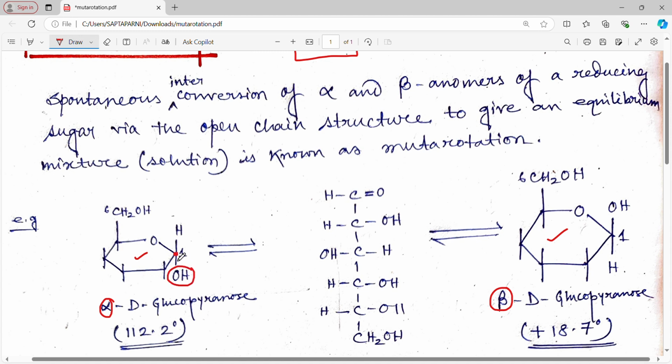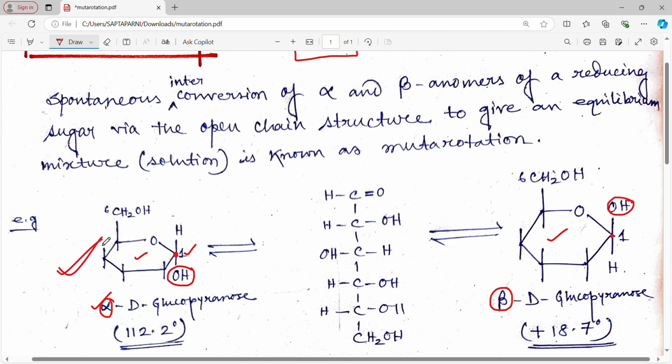In case of glucose, the anomeric carbon is C1, the first carbon, and if the OH group is situated below the plane of this anomeric carbon, we call it alpha anomer. In case of beta anomer, you can easily see that the OH group is situated above the anomeric carbon.